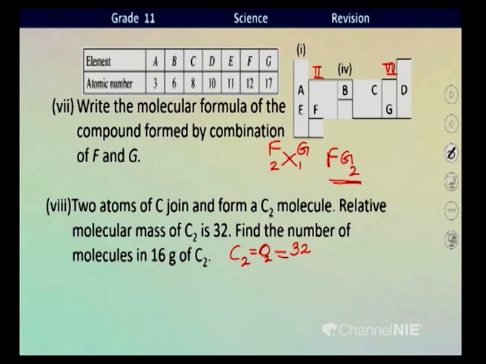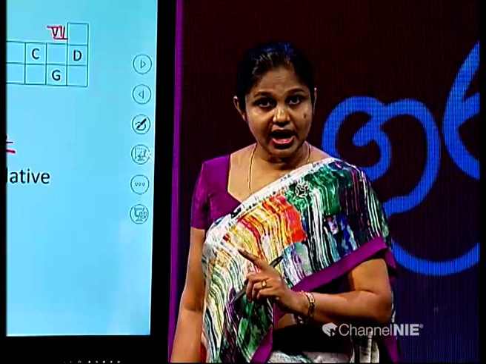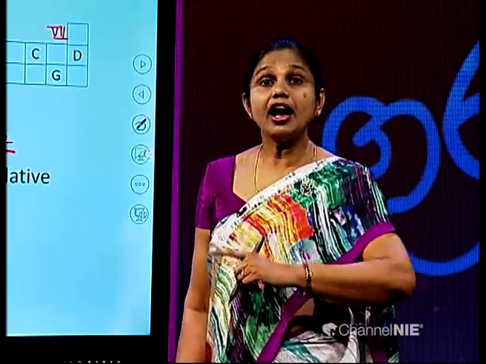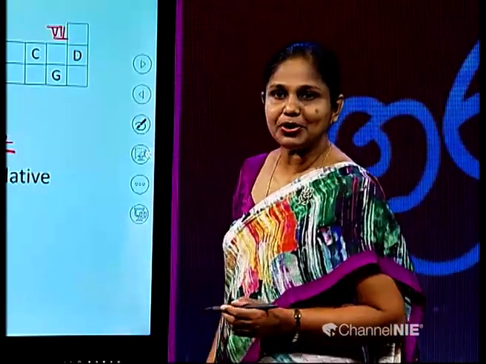Then we have to find number of molecules in 16 grams. 16 grams is half of 32. Therefore, number of molecules in 16 grams must be half of the Avogadro number.